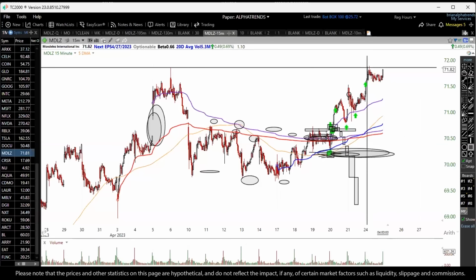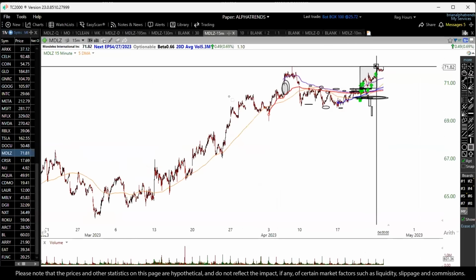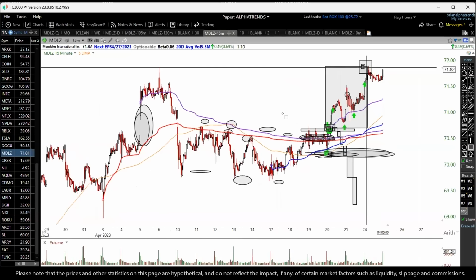And as it runs from 70.60 to 71.80, I'm going to take $1.20 off because I know that the breakout crowd is looking at this thing and they're buying it. And I know that there are institutions that are saying, hey, let's sell some of those breakout dummies. That's not my words, I'm just repeating them.